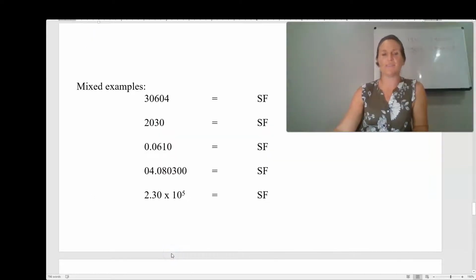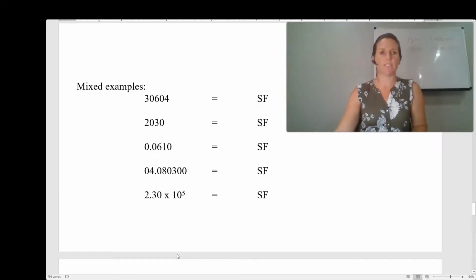So now we're going to do something that I think is kind of fun. We're going to do some mixed practice to see if you know how many significant figures are in each one of these values. When we do this kind of mixed practice, obviously the non-zero numbers are all going to be significant, but we're going to have to look at each of the zeros to determine their significance.